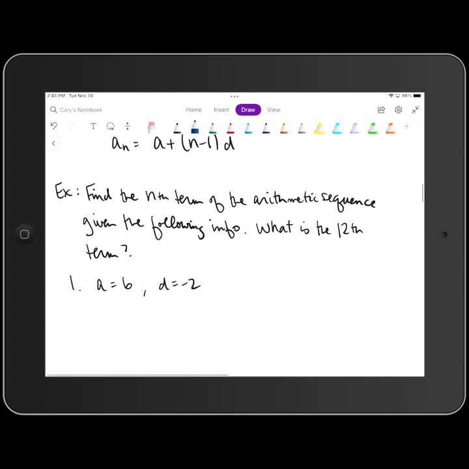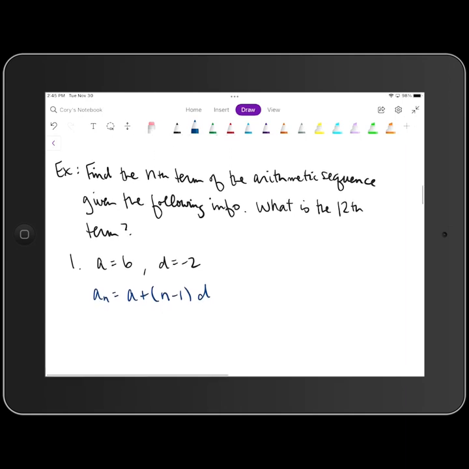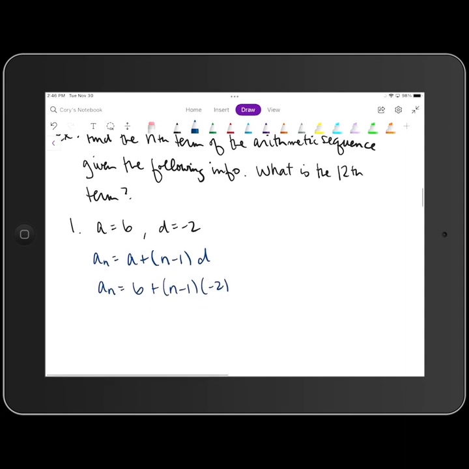Okay, so if we want to calculate what the nth term is, a sub n is equal to a plus n minus 1 times the common difference d. So we're just going to plug what we know into this formula. So a sub n will be equal to a, which is 6, plus n minus 1 times the common difference d, which is negative 2.